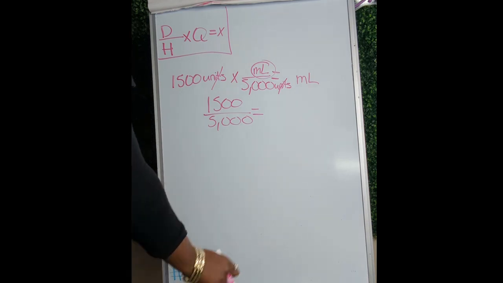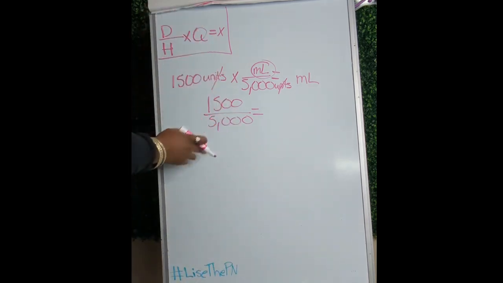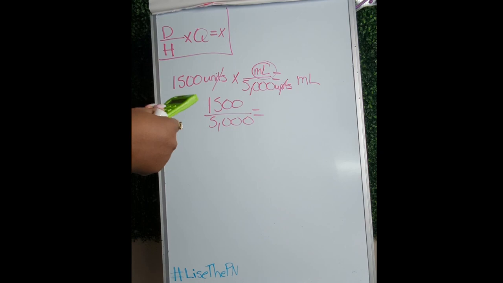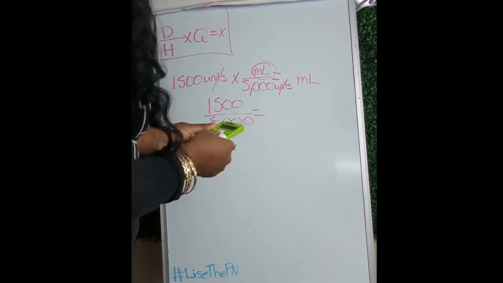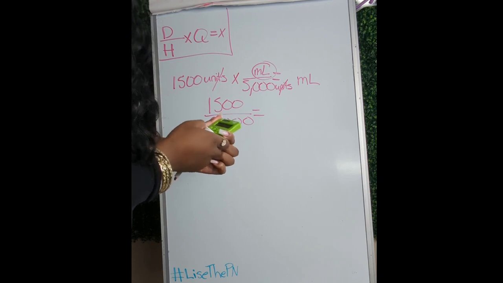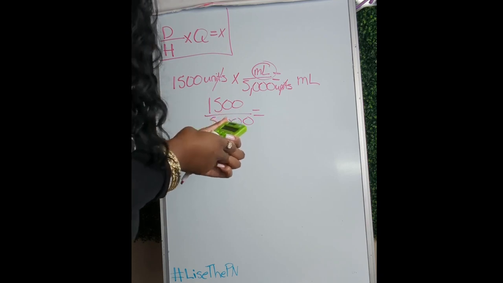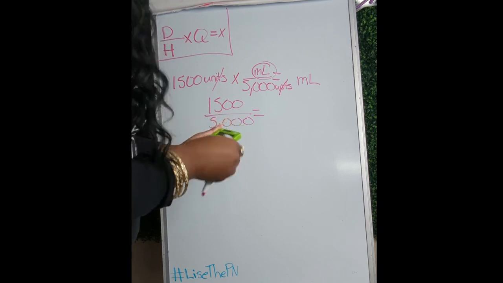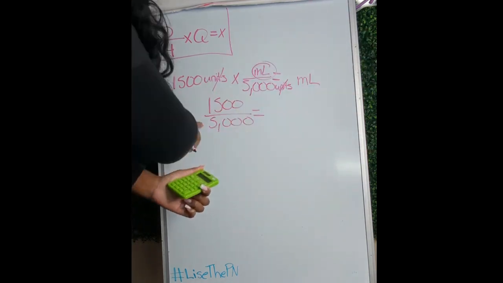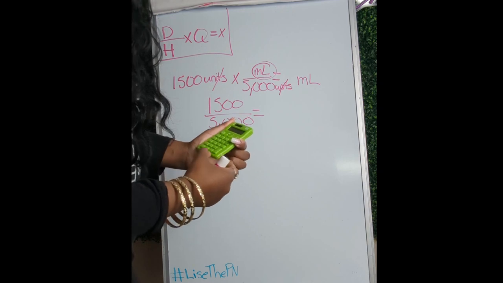Okay, so now this is where you would divide the 1,500 into the 5,000, and then, all right, so we are going to say 1,500 divided by 5,000. And if I'm saying it wrong, y'all, this goes in first, then you divide by that, okay?